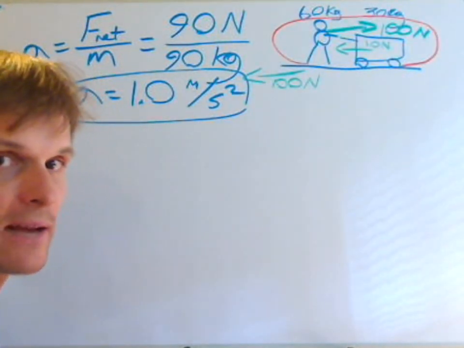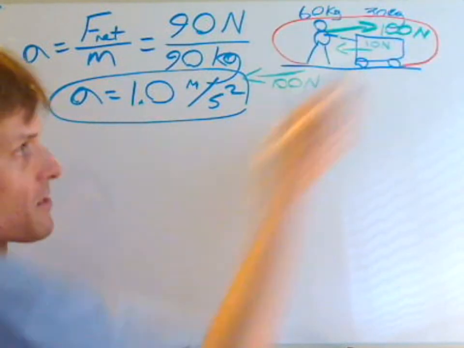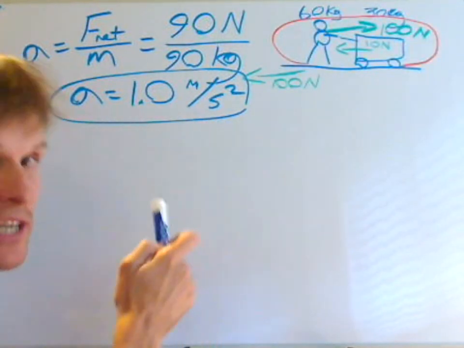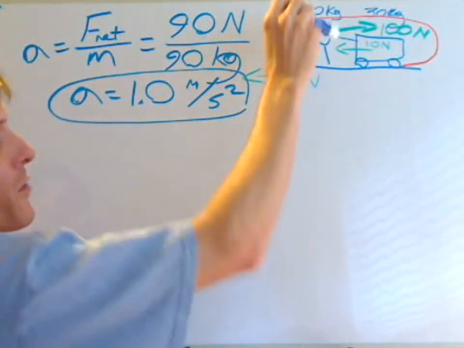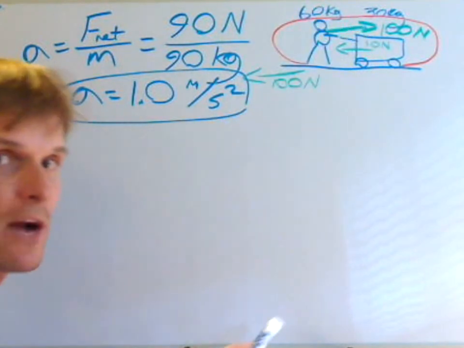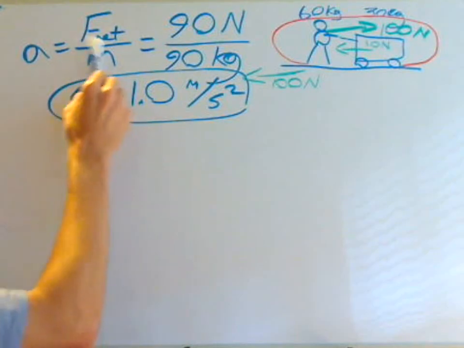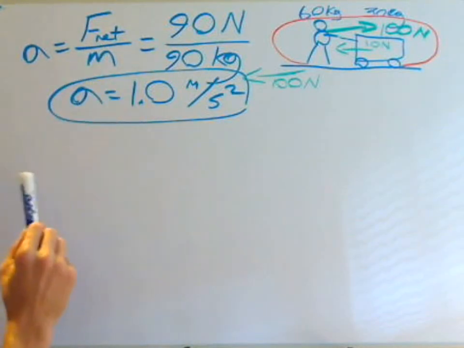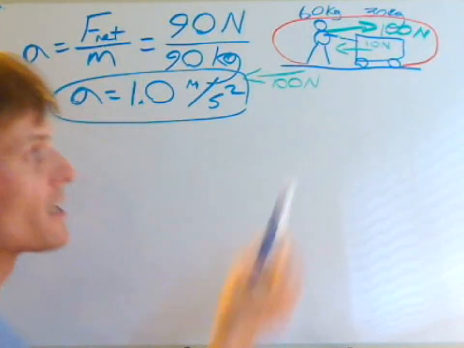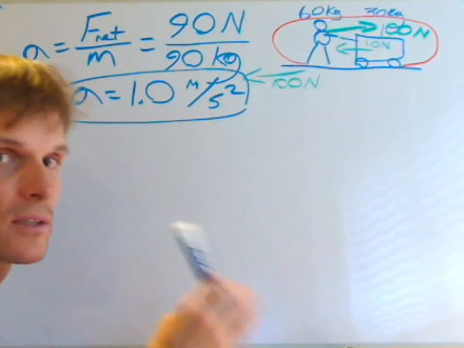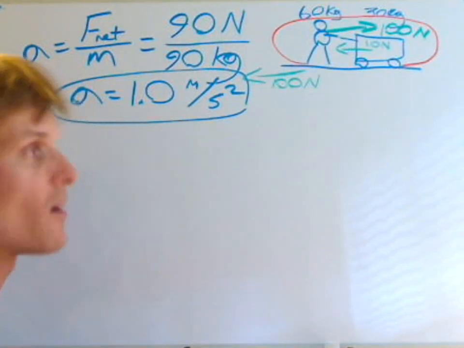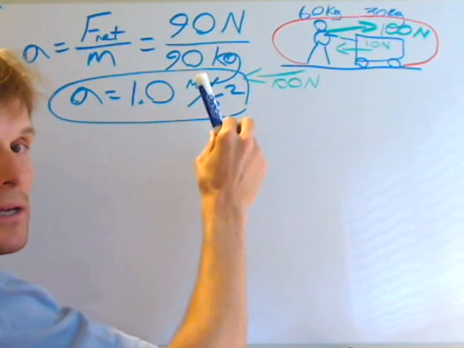The reason we can't use this system of the person plus the cart is that particular force we're asked about, the force the person exerts on the cart, is now an internal force to this system. Remember, Newton's second law applies to net external forces. So internal forces don't come into play here at all for this system.